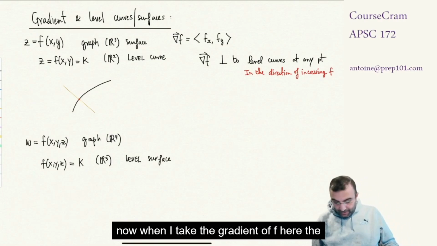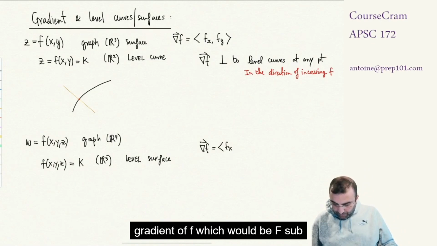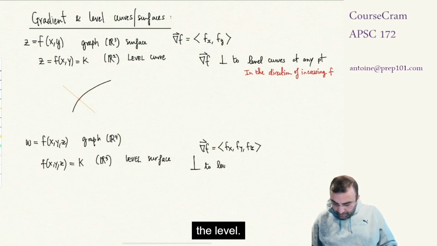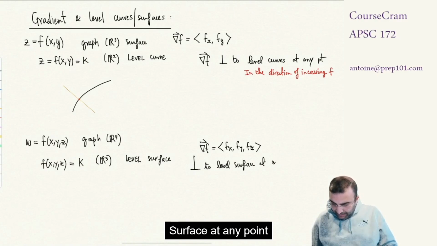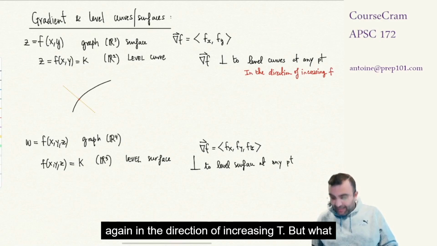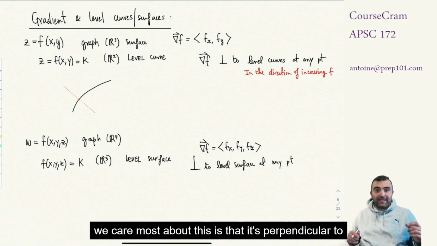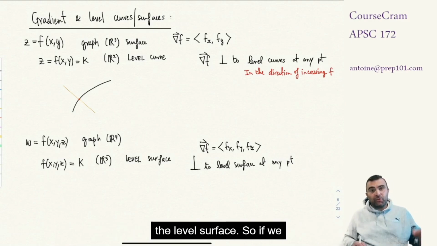When I take the gradient of f here, which would be f sub x, f sub y, and f sub z, the gradient vector is perpendicular to the level surface at any point. Again, it is in the direction of increasing f, but what we care most about is that it's perpendicular to the level surface.